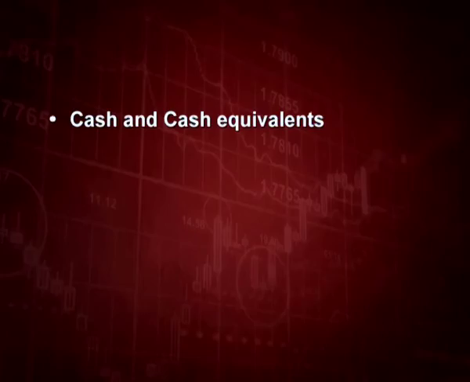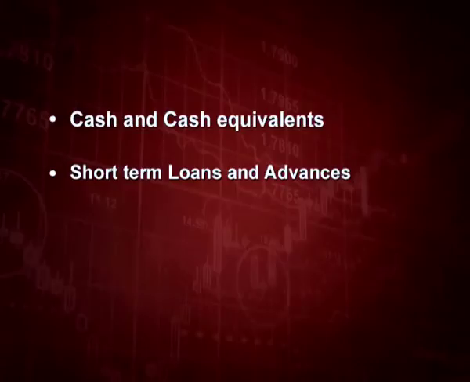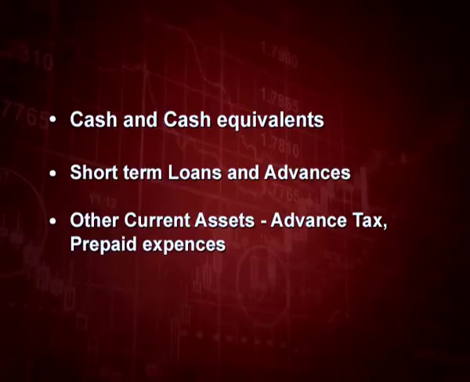Next point, cash and cash equivalent. This I have already told you. What comes under this head is cash, bank and drafts. Next point, short-term loans and advances. And in the end, there are other current assets like advance tax and prepaid expense. They come under this category.